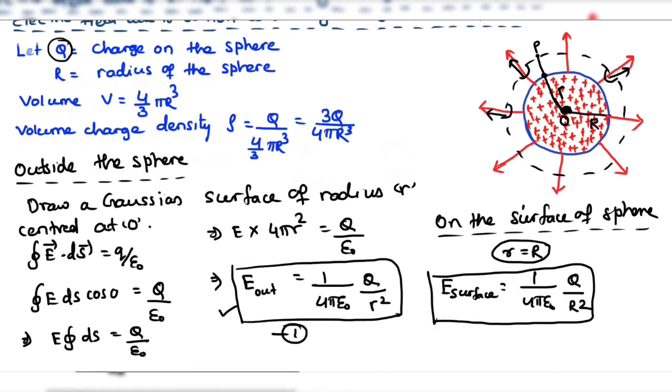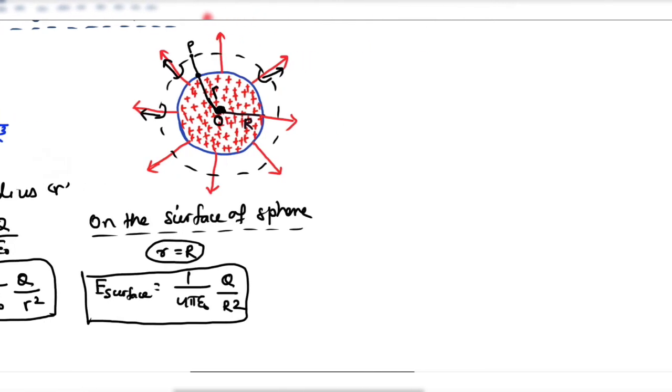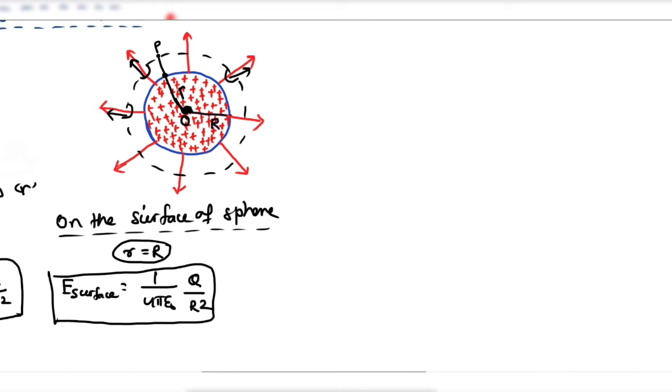Now we have to find the electric field at a point inside the sphere. Let us choose a point P somewhere here. This is the point P, and the point P lies inside the sphere. So if we draw a Gaussian sphere having radius small r, this one is small r.